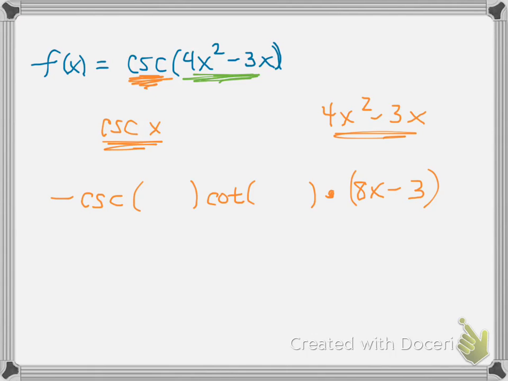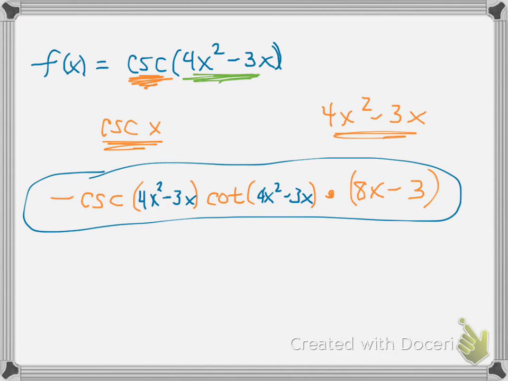Now you notice I didn't put anything in parentheses yet because I wanted to make sure we understood that even though the derivative of cosecant is negative cosecant cotangent, I still have to maintain that original inner function here. And then I'm done. So something new here, where the angle winds up being the inside function.